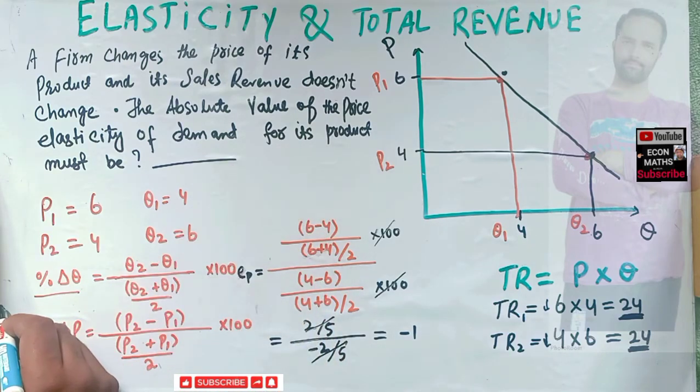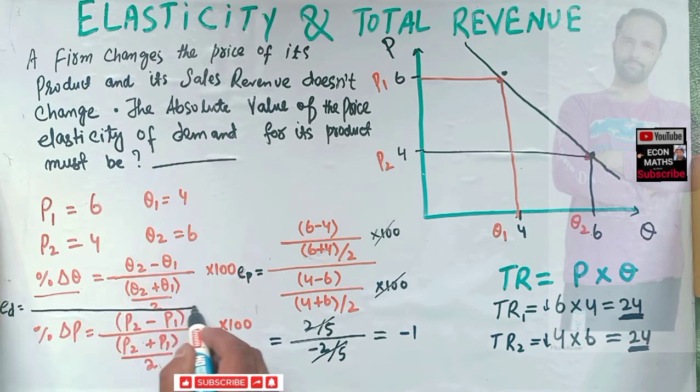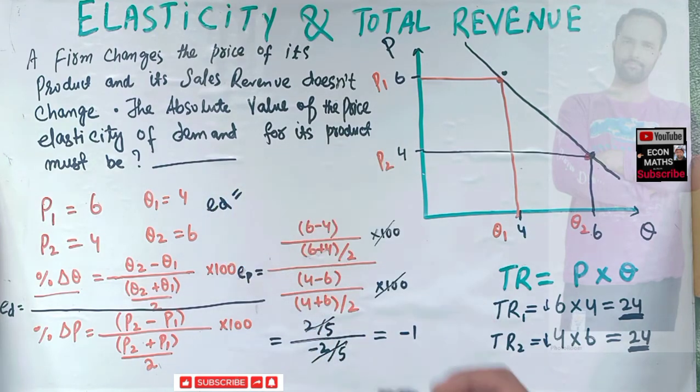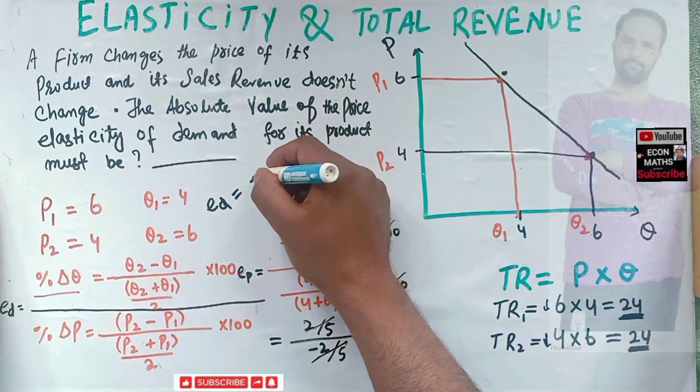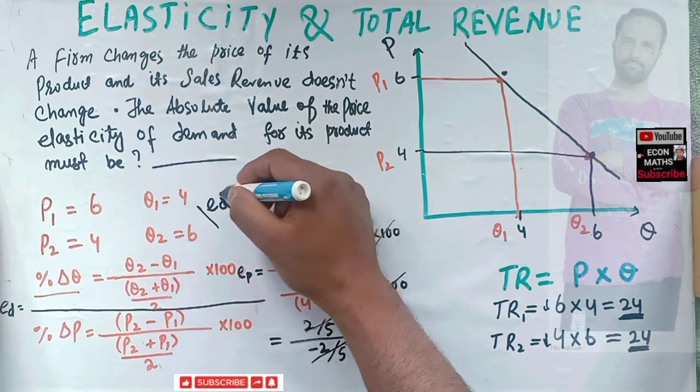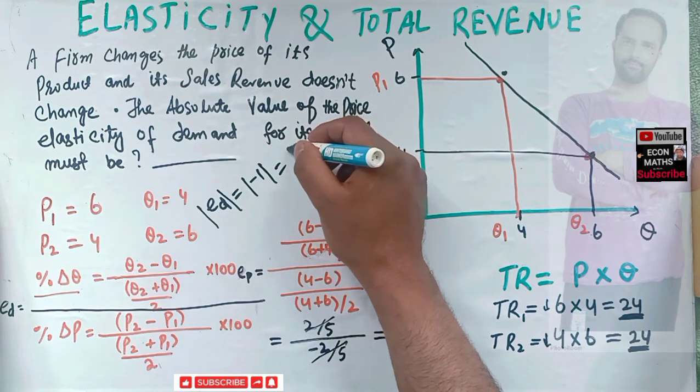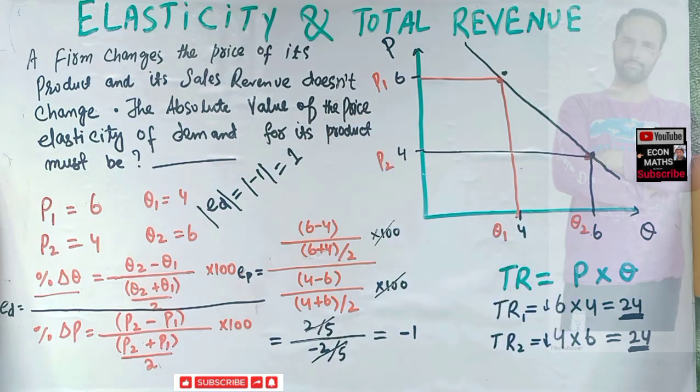This was the formula here. It is very simple. So the elasticity of demand came out to be minus 1, and since we have to find the absolute value, taking the value as absolute, we get 1 as the elasticity of demand.